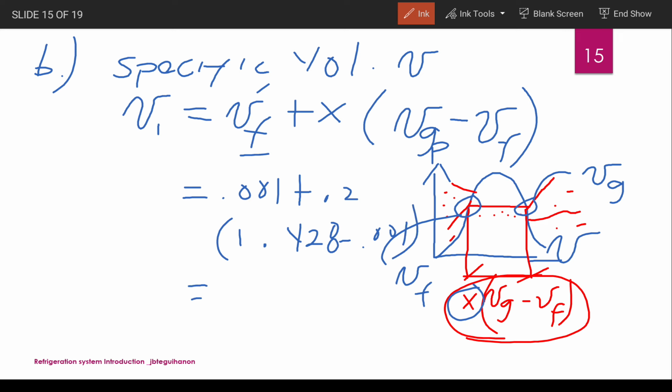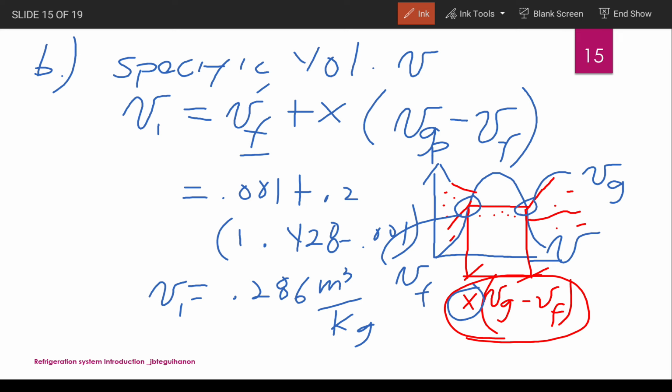What you get is 0.286, and the unit is cubic meter per kilogram. This is the specific volume v1.